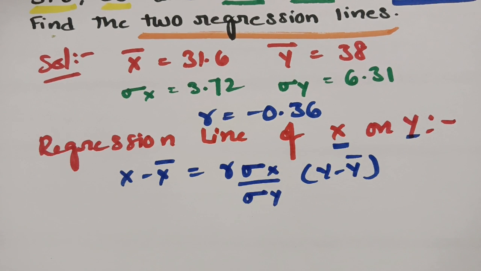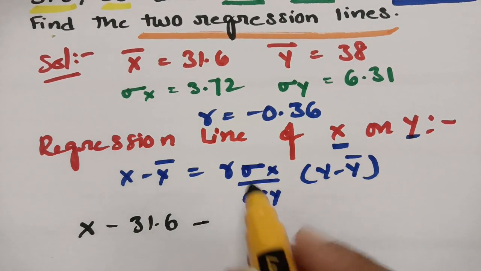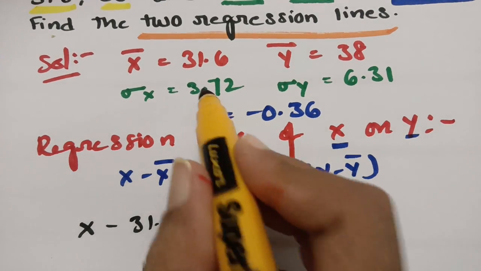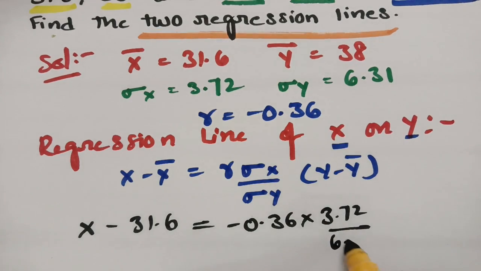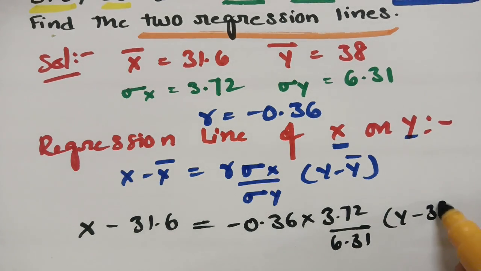Now all the values are ready. I am going to substitute each and every value: x minus x bar, that is 31.6, is equal to r, that is minus 0.36, into sigma x, that is 3.72, divided by 6.31, into y minus y bar, and y bar is 38.